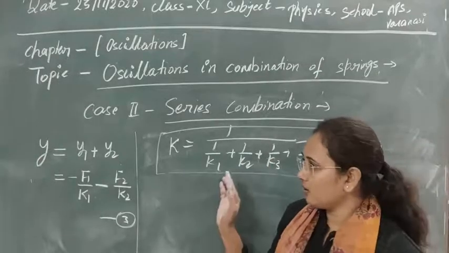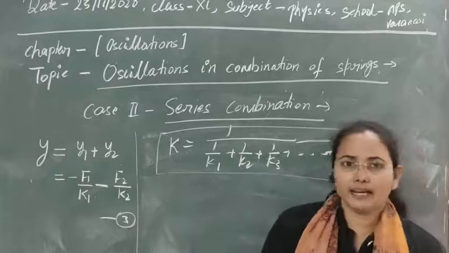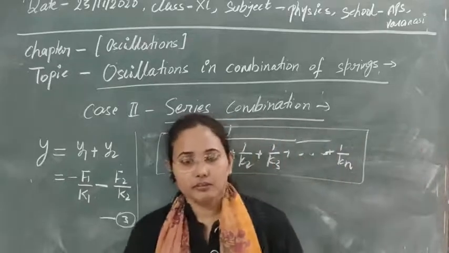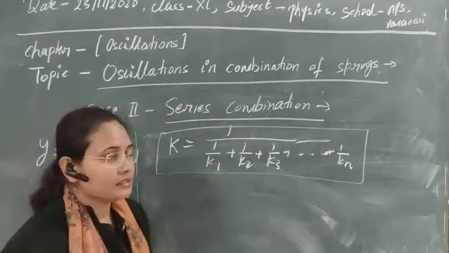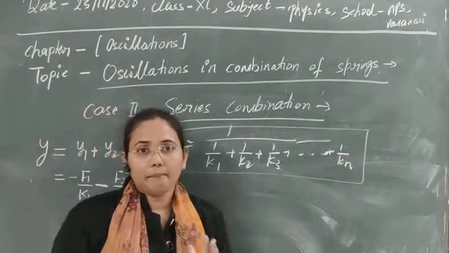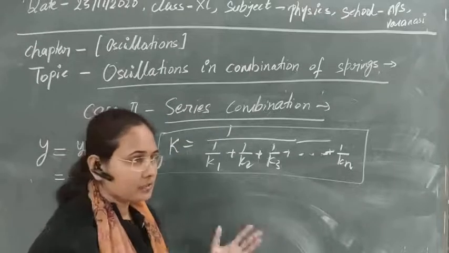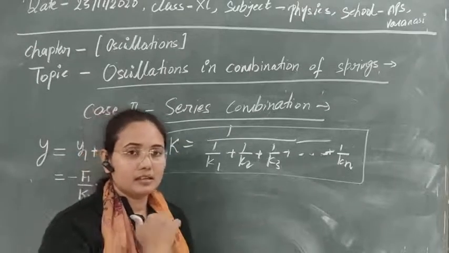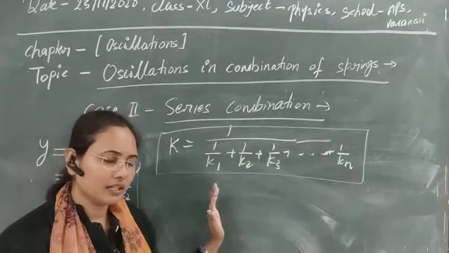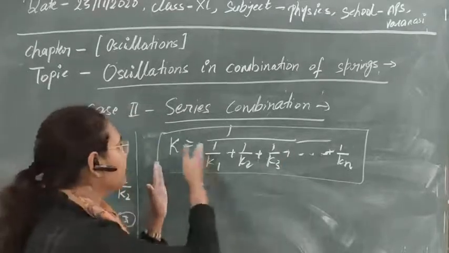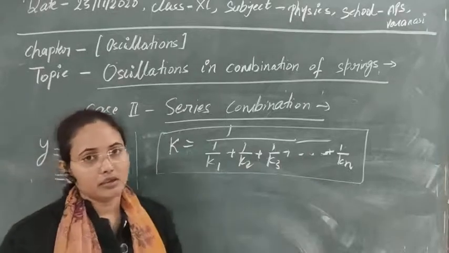This is a very easy way to calculate the time period or frequency of oscillation. If you have calculated the time period, its reciprocal will be the frequency. So if springs are connected in different ways, there will be different time periods, and you can easily calculate them with the help of the spring constant, which changes according to the combination.